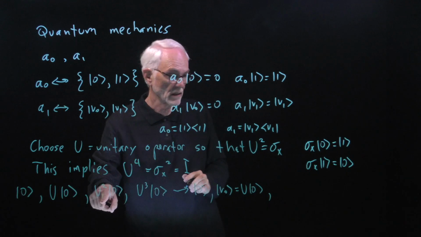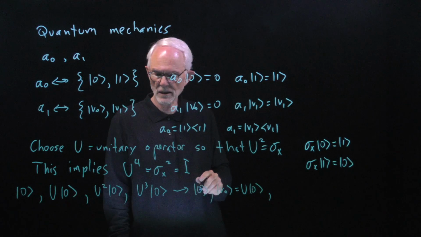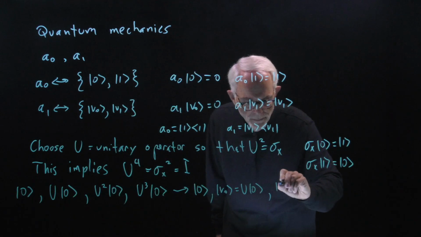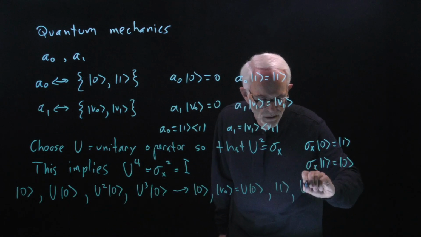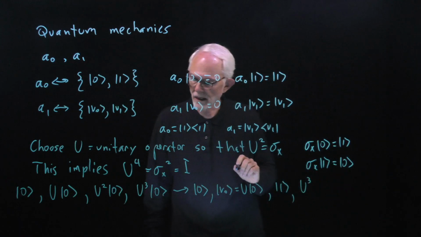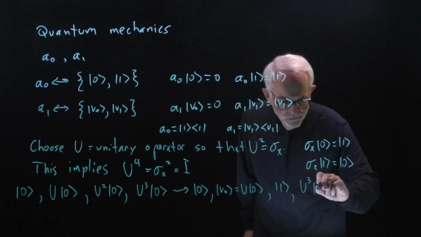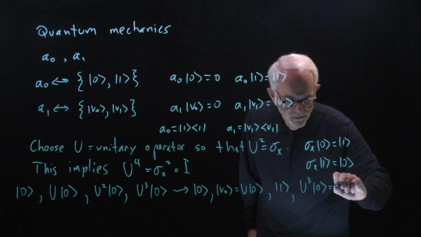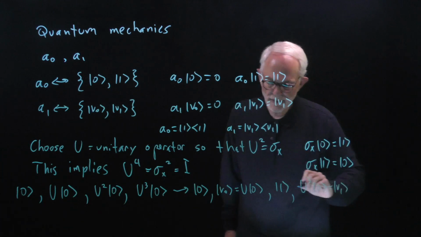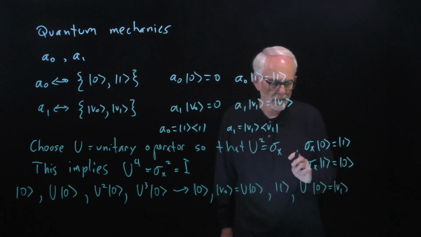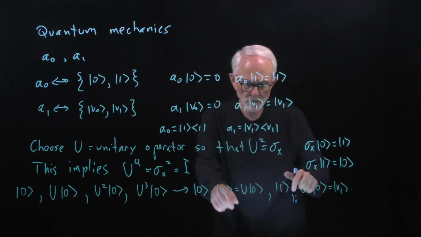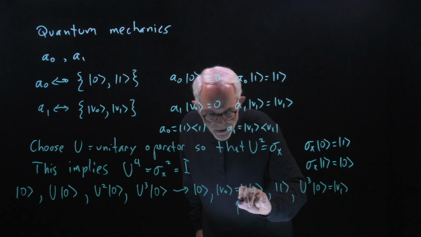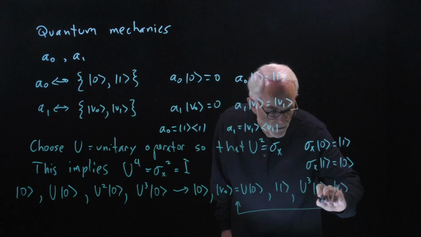U squared acting on 0 is just sigma x acting on 0. That's just going to be 1. And then U cubed acting on 0, I'm going to call V1, and that is the second element of my second basis. So my claim is that these two things form a basis.